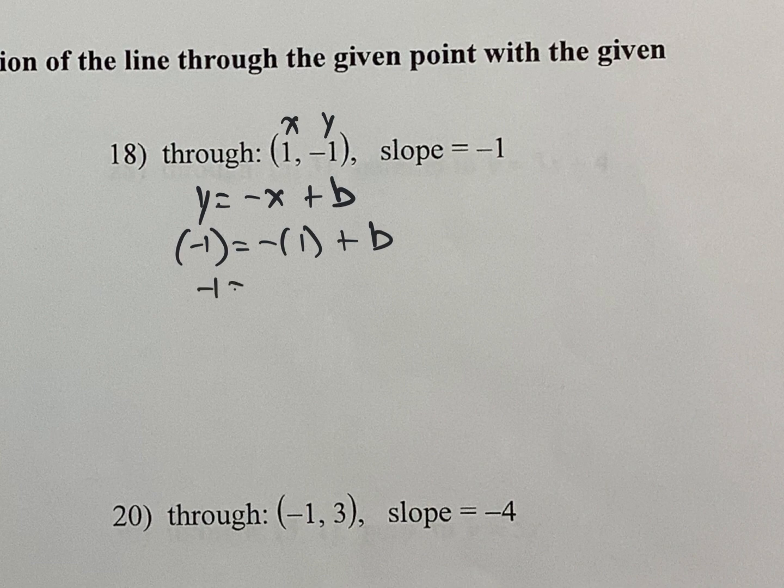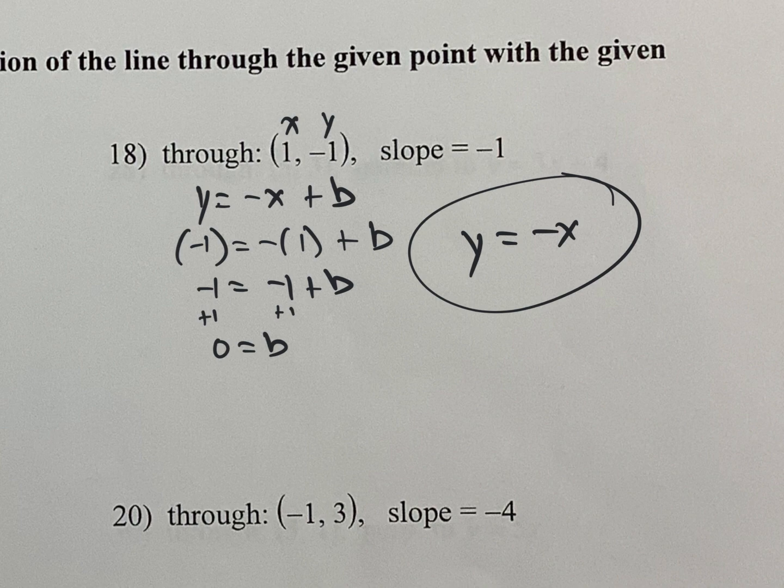All right, so negative 1 equals negative 1 plus b. So we add 1 to the left, and our y-intercept is at the origin. So our equation should be y equals negative x. So negative x plus 0 is okay, just you don't need to put the 0, okay?